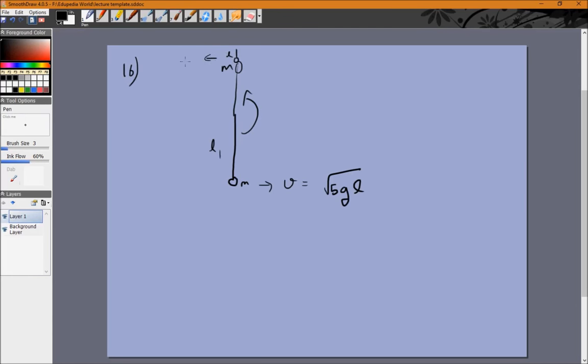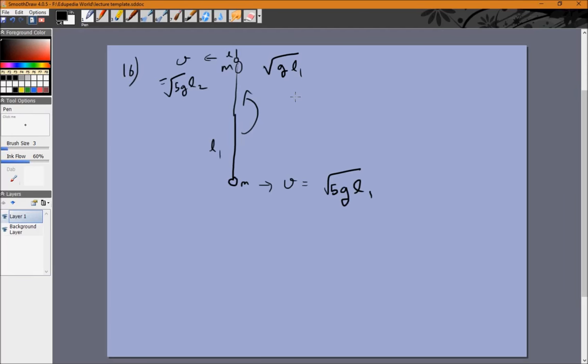So the speed here of the second bob is equal to root 5g L2. This is L1. Right. And what is the speed of this one by the time it reaches here? It is root gL1. Right. And we are given that both of them have the mass m.